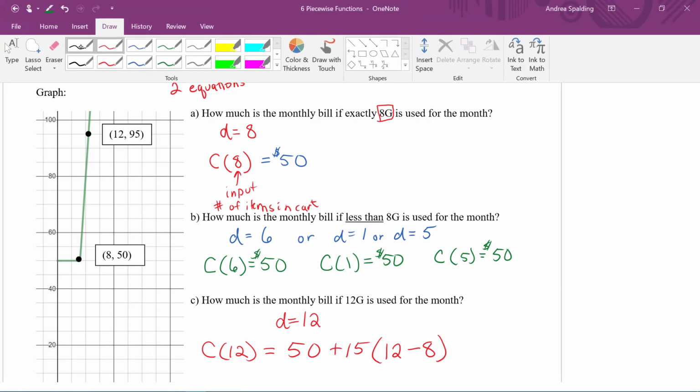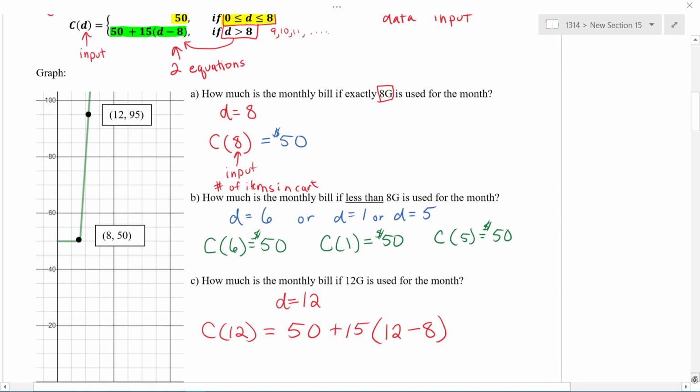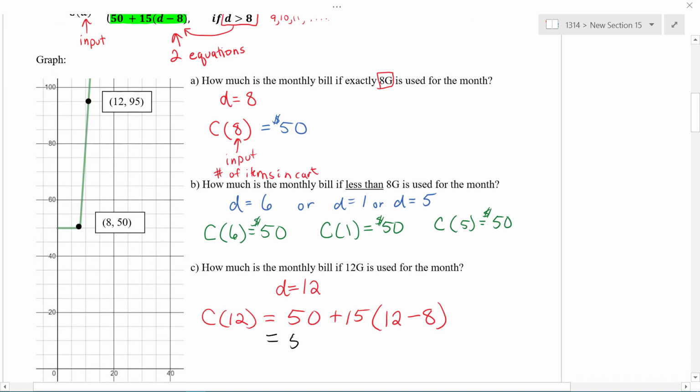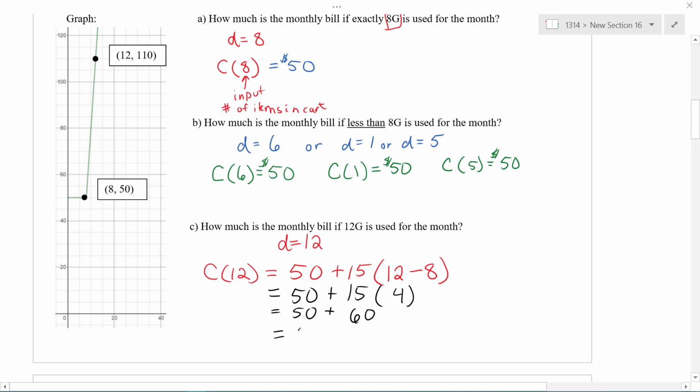Now we're going to simplify. 50 plus 15 times 12 minus 8. That's 4. 15 times 4 is 60, and that equals 110. So if you use 12 gigabytes of data for the month, you're going to pay $110 for your monthly cell phone bill.